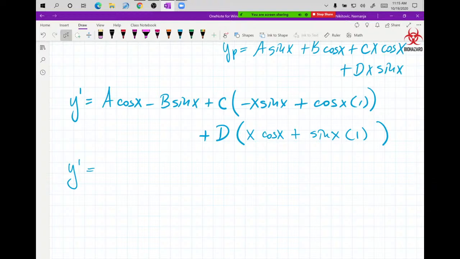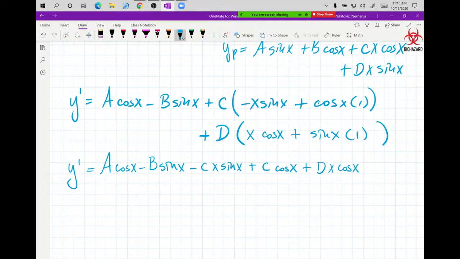I mean, you could, but there's no need. So a cosine x minus b sine x minus cx sine x plus c cosine x plus d x cosine x plus d sine x. There we go.